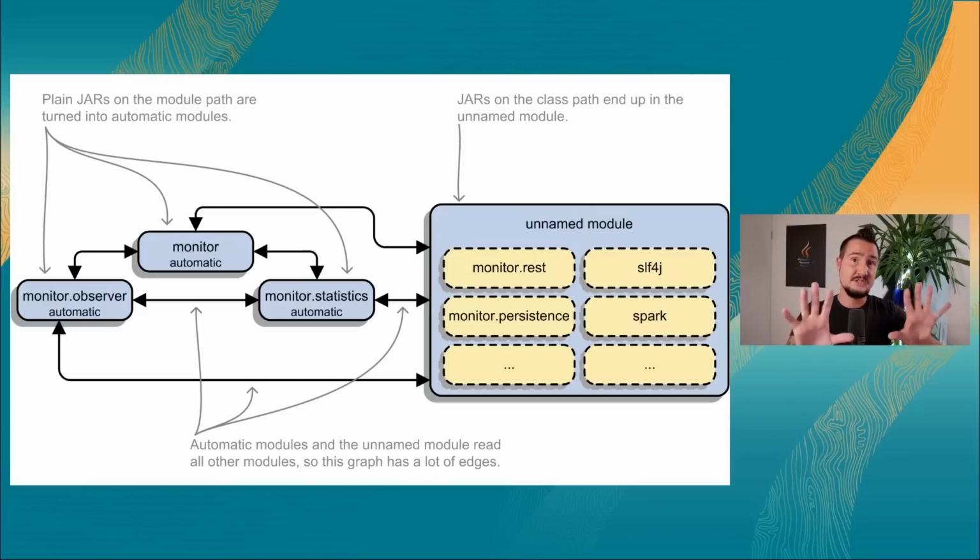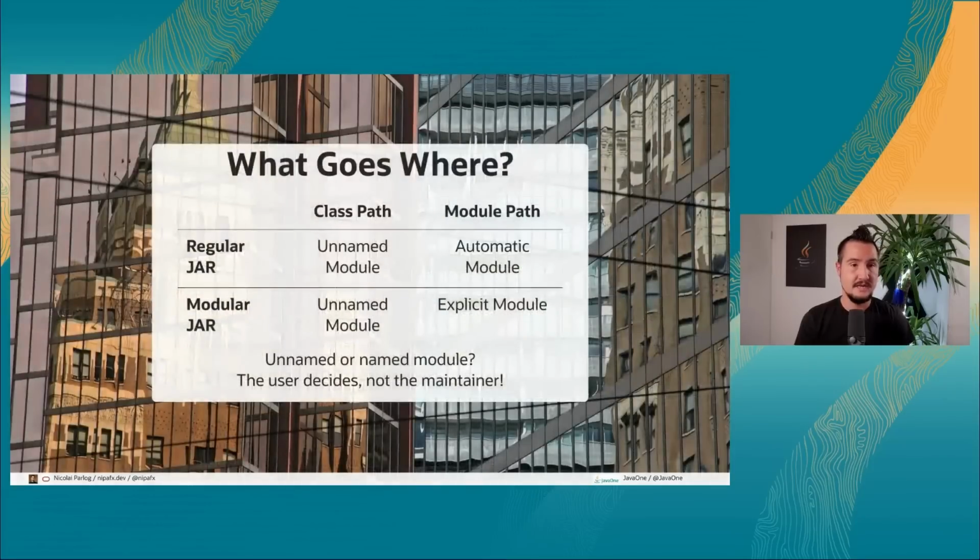Right? So what we see here is a situation where I have only plain jars, no modular jar at all, but some of them I put on the module path, and they get individually turned into automatic modules. The other ones I put on the class path, they get turned into a single unnamed module. And they can see one another. So this is functioning. This situation, assuming no module does something that's not supposed to, will actually work.